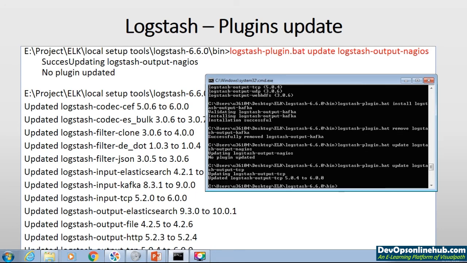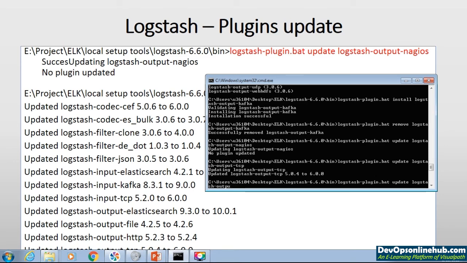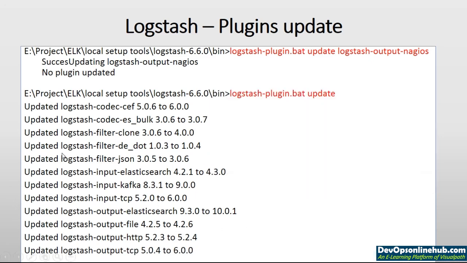Good enough. You can see the output this time. It has updated the TCP plugin from version 5.0.4 to 6.0.0, right? So that's how you can update the plugins. There's another command in case you want to update all the plugins installed on your machine: logstash-plugin.bat update without any plugin name. It will try to update all the plugins which are not already updated.